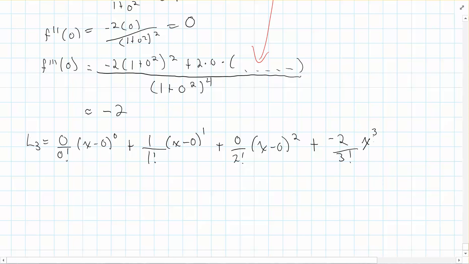Well, it's technically x minus 0 to the 3rd power.